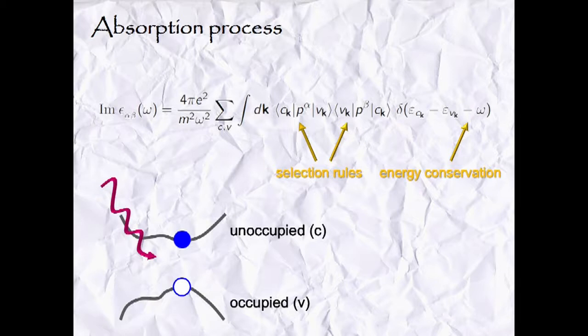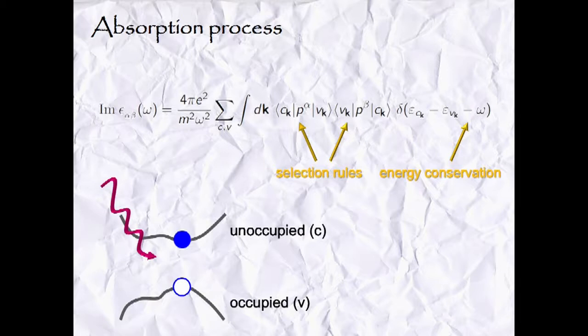If we have very large matrix elements, then we have a strong oscillator strength, and we would have very high peaks. If these symmetry rules, the selection rules, are not fulfilled, we wouldn't see much in the spectrum. Also, we have to integrate over the whole Brillouin zone, because this excitation can happen anywhere in k-space.